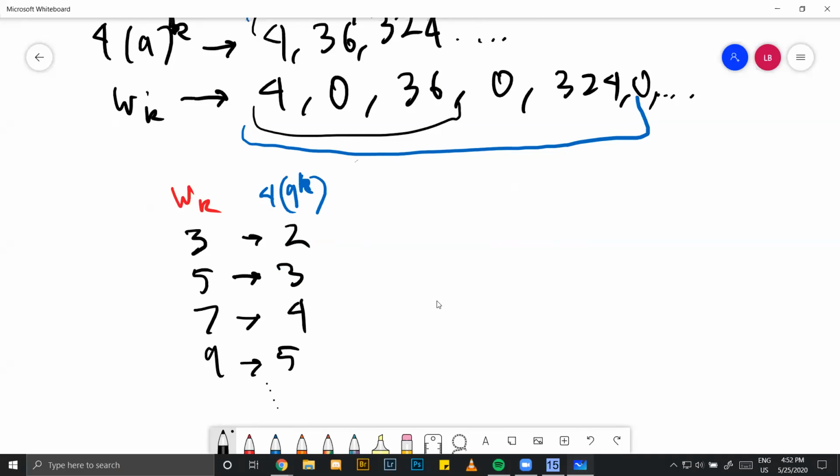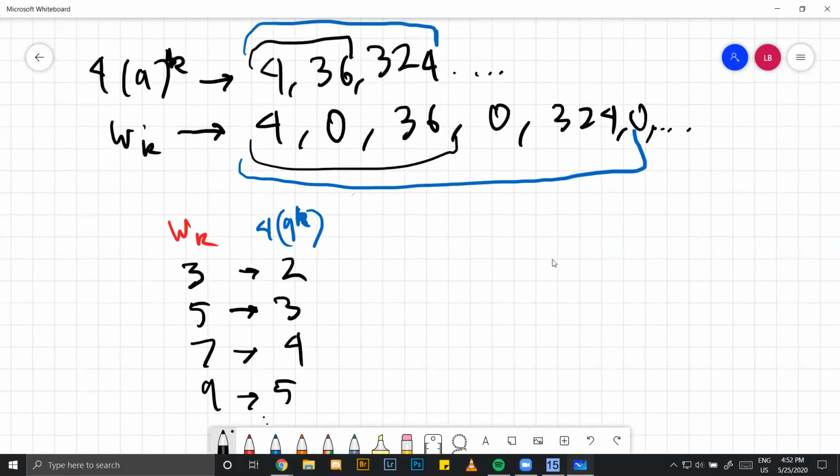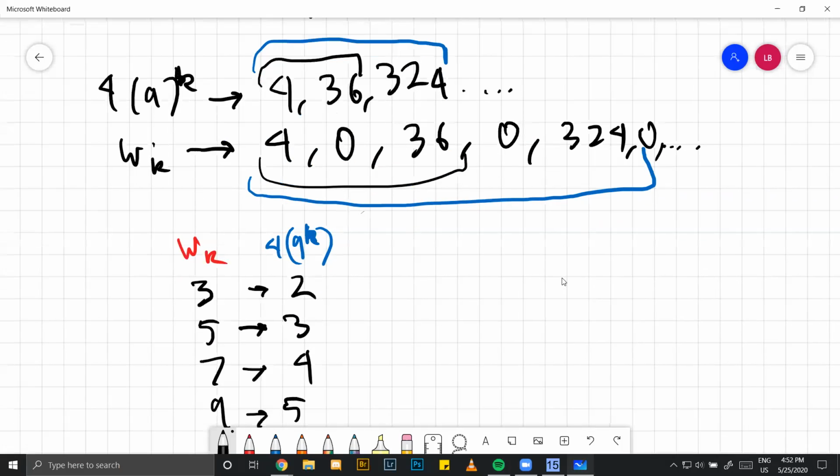There's another pattern coming in over here. So 3 goes to 2, 5 goes to 3, 7 goes to 4, 9 goes to 5. The general pattern you can notice is that you're adding 1 and dividing by 2. That's the pattern that you notice.